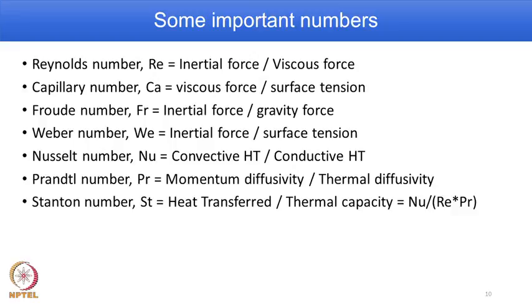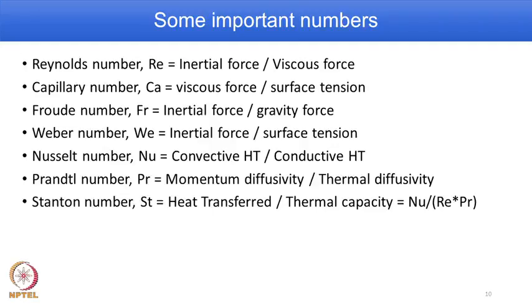In the heat transfer context, you have the Nusselt number, given the symbol Nu, which is the ratio of convective heat transfer to conductive heat transfer. Then there is the Prandtl number, Pr, which is the ratio of momentum diffusivity to thermal diffusivity.